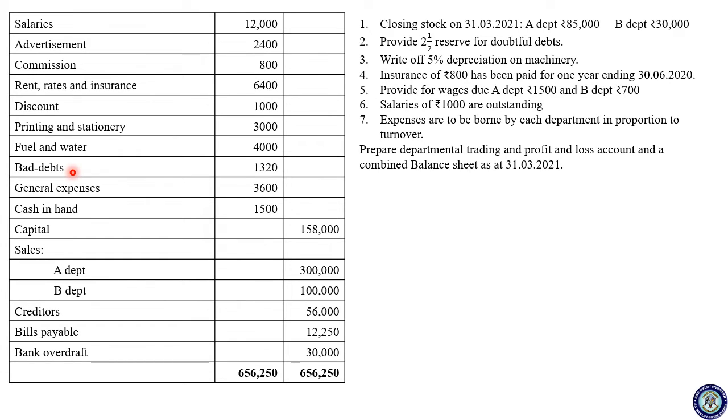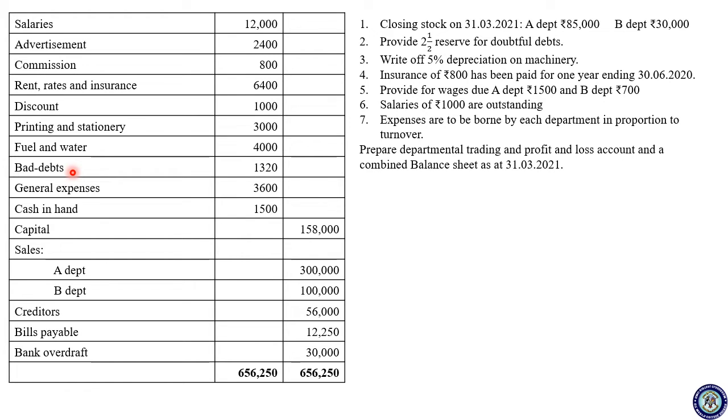You take it in the P&L account. If it is given in the adjustment, first you take it in the P&L account, then you deduct it from the debtor balance. But if the item is given in the trial balance, only one entry is passed, either trading or P&L or balance sheet. As bad debt is a P&L item, we take it in the P&L account, so it is not deducted again from debtors.